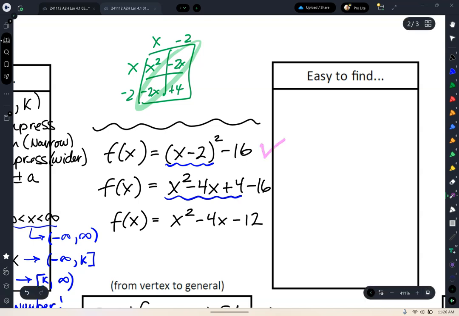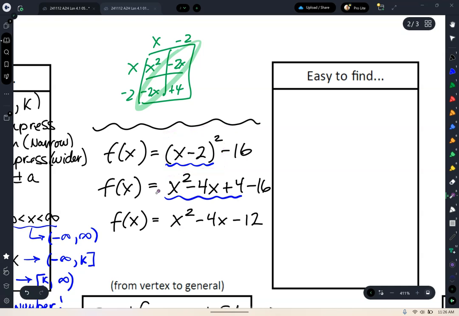Would you deal with that on the first level, the second level, or the third level? If you dealt with it on the first level, if you distributed it, what math are you doing when you distribute? Multiplication. Can you do multiplication before exponents? No. So if you have an A, you still need to simplify your exponents first.